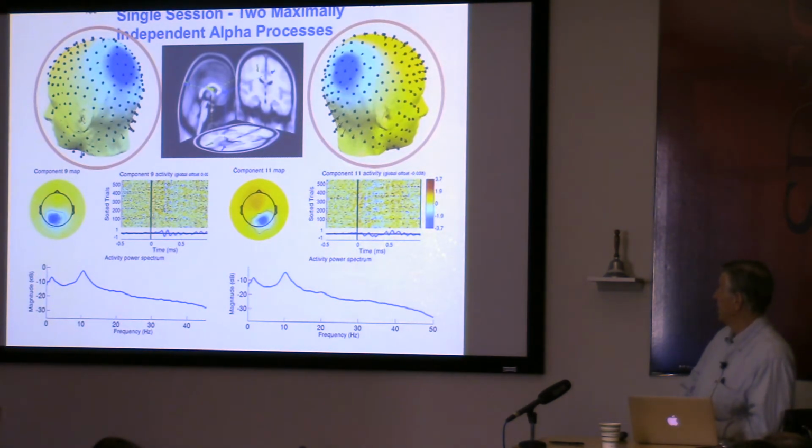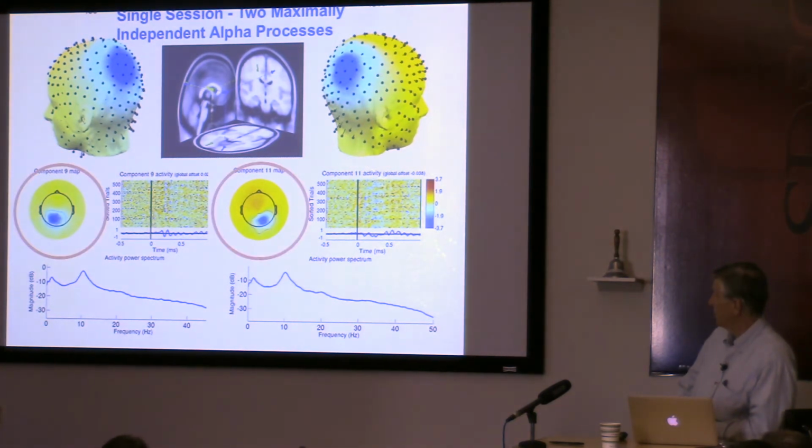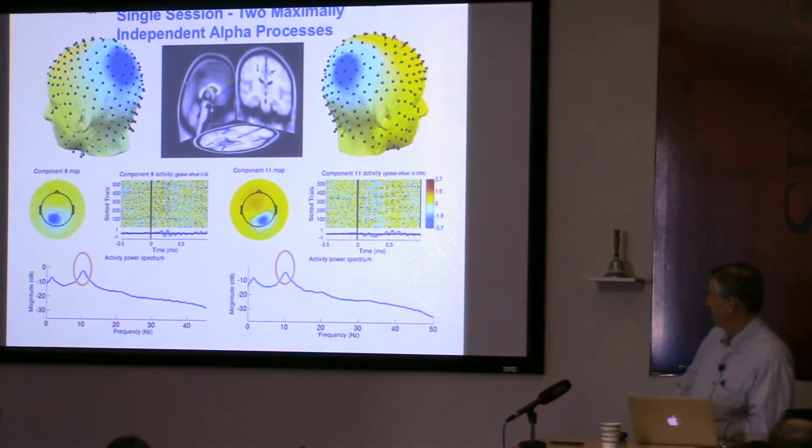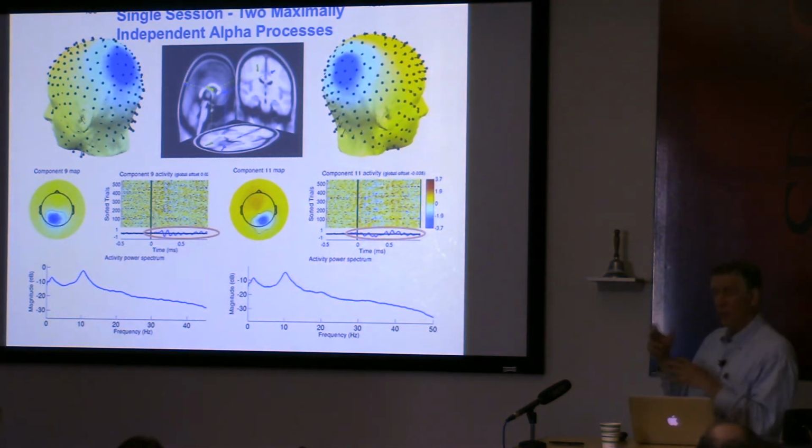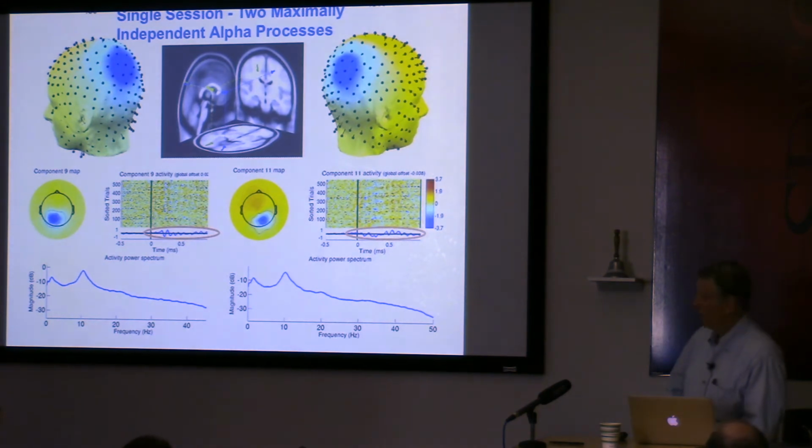Here was an early example of two processes from one data set, left and right. Very similar spectra, very similar opposite scalp maps, same spectral peaks, and related ERPs representing, again, this partial phase coherence at alpha plus some slow waves.